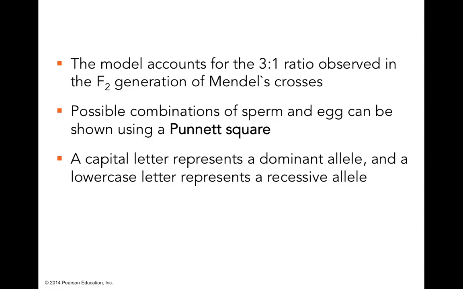It's a lot easier to see if we come up with some sort of diagram. We can use a diagram called a Punnett square to represent what's happening. What's often done in these situations is we use a capital letter to represent the dominant allele and a lowercase letter to represent the recessive allele.